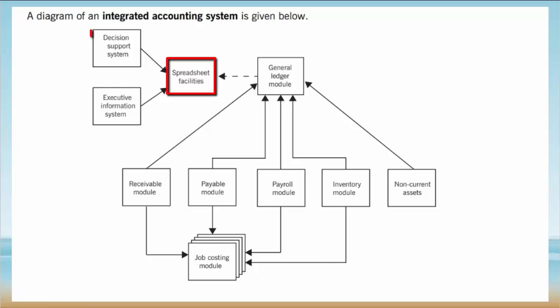The decision support system, which helps finance and managers run scenarios. What happens to profit if sales fall by 10%? And the executive information system, which presents high-level dashboards for directors who need quick summaries rather than transaction detail. The crucial point is that both management layers draw from the same single source of truth, the general ledger's posted figures.